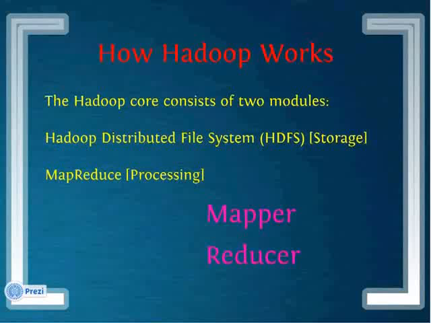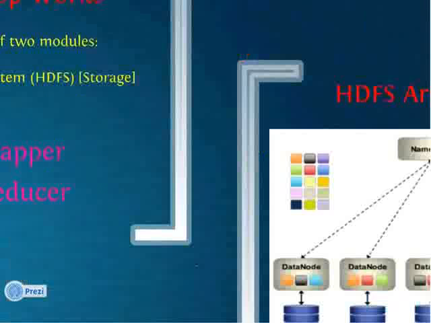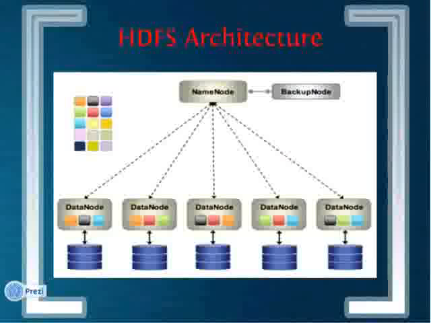That again consists of two words, map and reduce, or you can say mapper and reducer. So this is a very brief overview of the two parts of Hadoop. We'll be exploring these in more detail, starting with the first one, Hadoop Distributed File System, that is HDFS architecture.